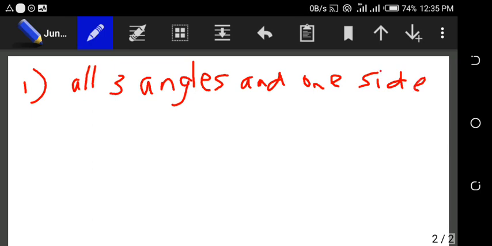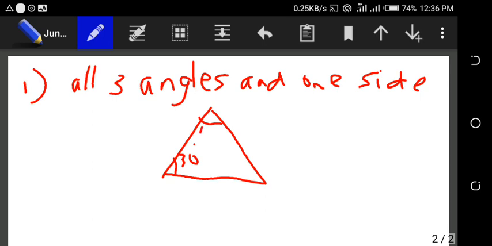So all three angles are given and then one side. For example, what I mean by that is this: when you have a triangle like this, maybe you have an angle here to be 30 degrees, here to be 100 degrees, and then you have here to be 50 degrees.